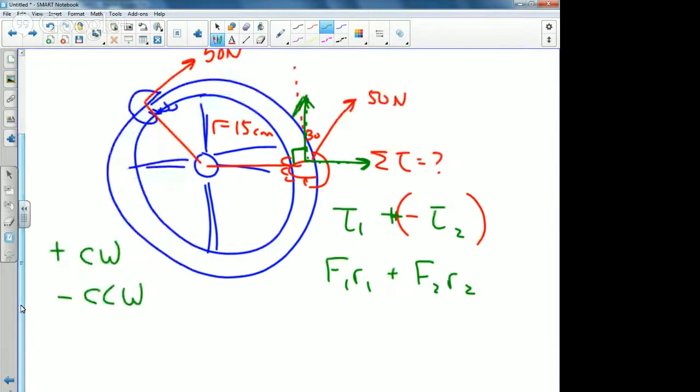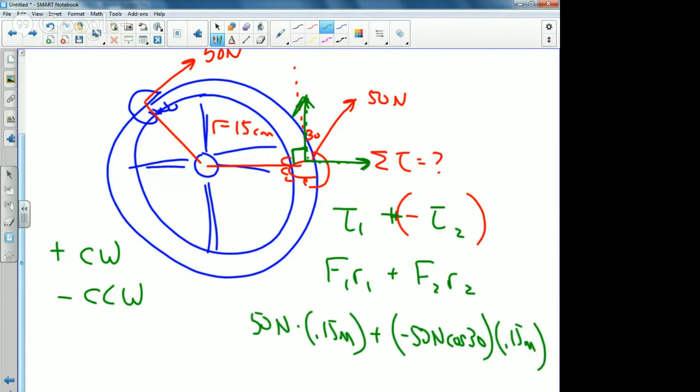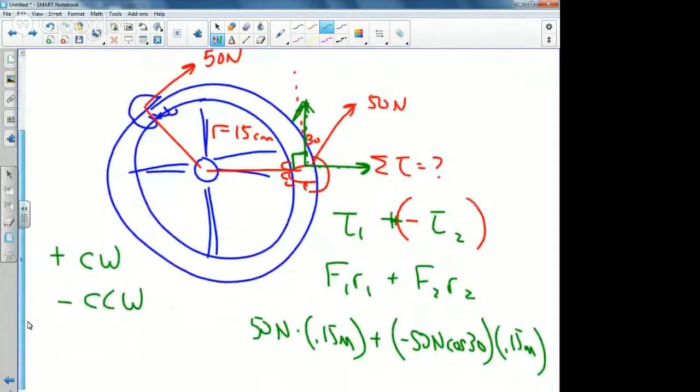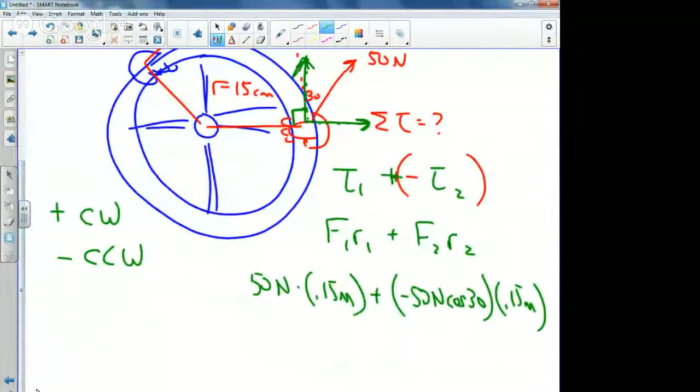So it would be 50 newtons times 0.15 meters plus, really, negative 50 newtons times cosine 30 times 0.15 meters. So they don't cancel out perfectly. But you guys can see that this one's rotating clockwise, this one's rotating counterclockwise.